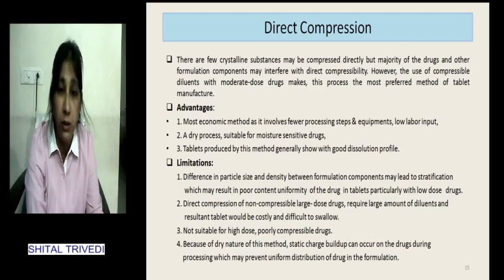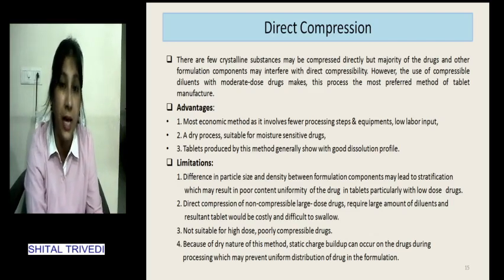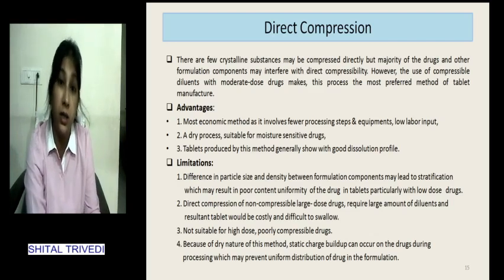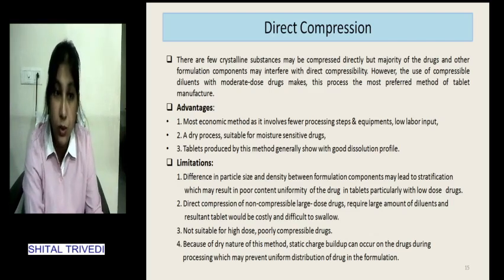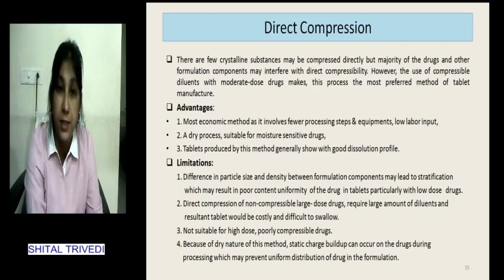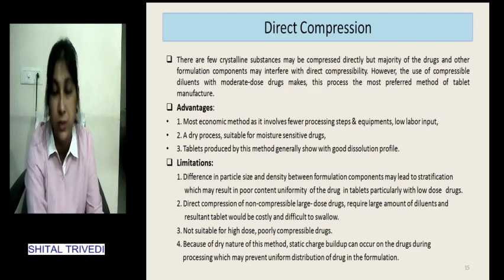When large doses of the drugs are involved in the tablet, this process is a little bit difficult if the drug requires the addition of other excipients. With the moderate dose of the drugs and the availability of advanced raw materials like directly compressible excipients, this method is the most preferred by manufacturers nowadays.